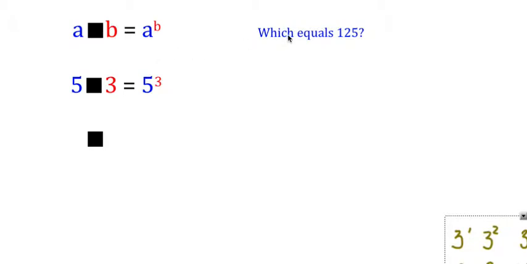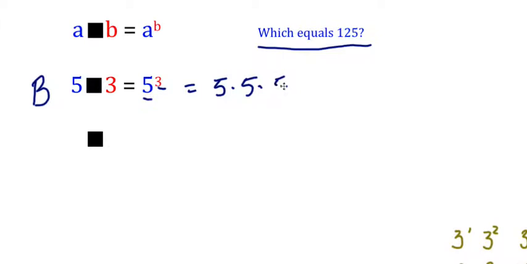Well, which of the following is equal to 125 is the question. So 125. The answer is answer choice B, which is 5 to the 3. 5 raised to the third power is equal to 5 times 5 times 5 equals 125. Please memorize that 5 cubed is 125.